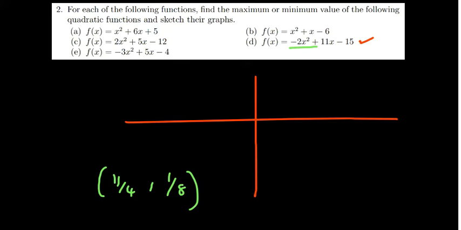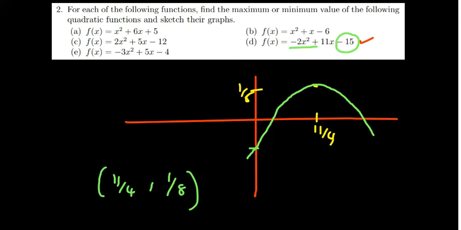So you will just plot this: 11 over 4 is a positive value, comma 1 over 8. So you just say somewhere there. Now the point where your graph is expected to cut the y-axis is negative 15. So you can just say negative 15 is somewhere there. So you say the graph will move like that.